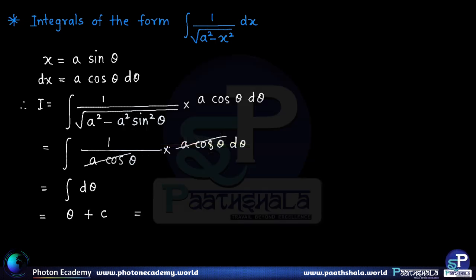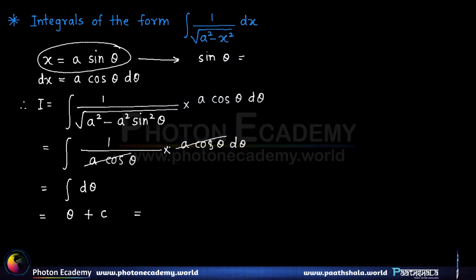and we now have to resubstitute theta in terms of x. So for that we see that we had put x as a sine theta, so therefore that gives us sine theta to be equal to x upon a, correct?